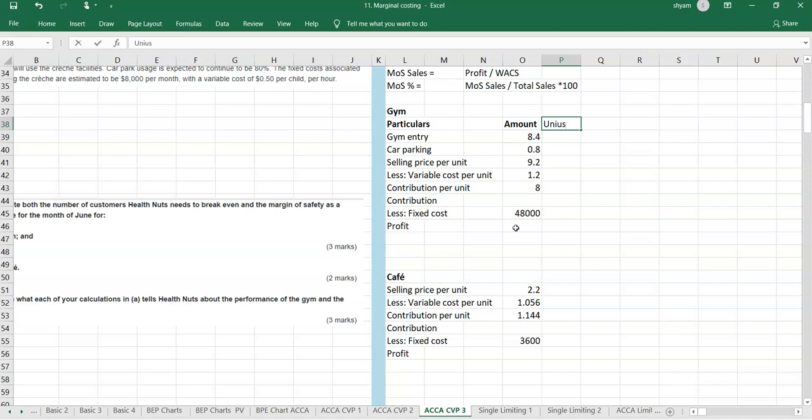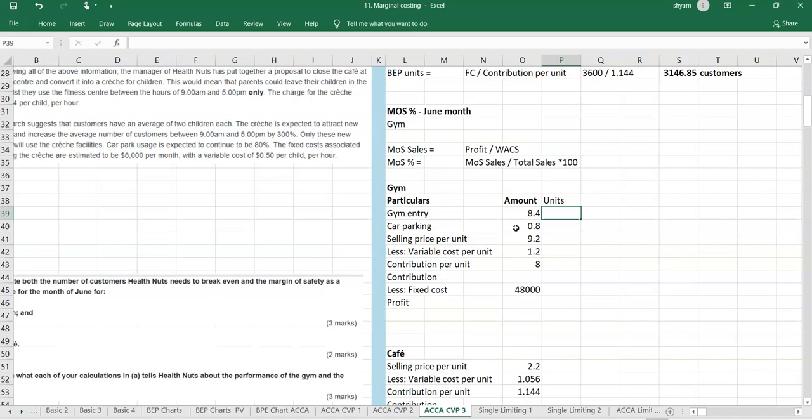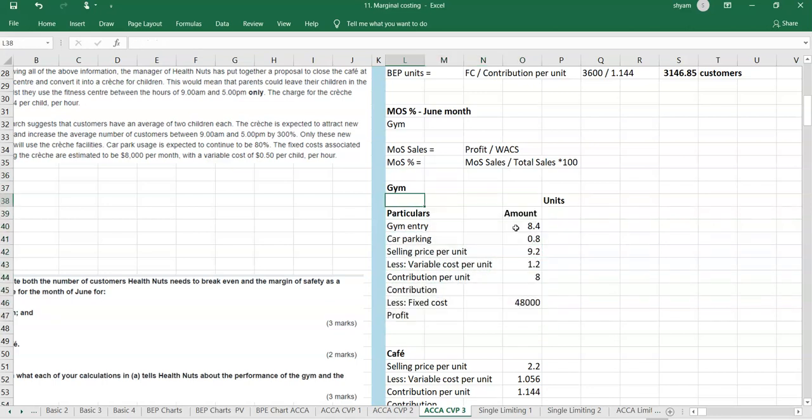So we have to get the units or else we can't multiply the numbers. So what is the total number of gym users who are coming in? Okay, that we have to find out. So to find out that we have to do it separate.